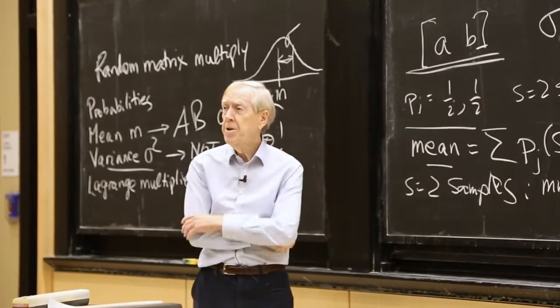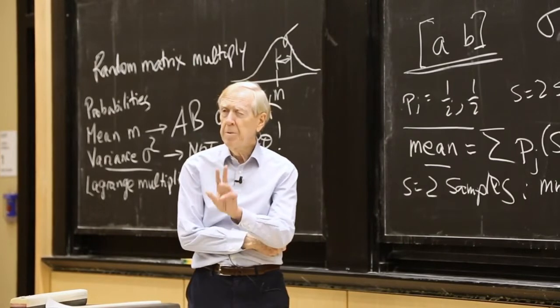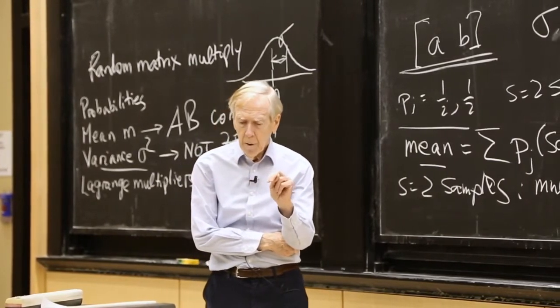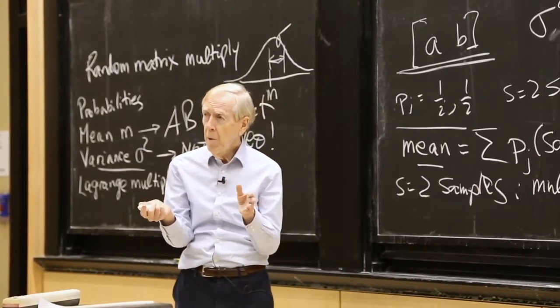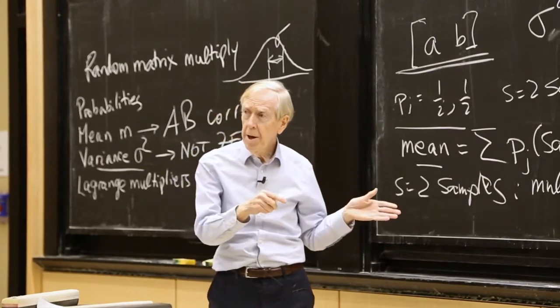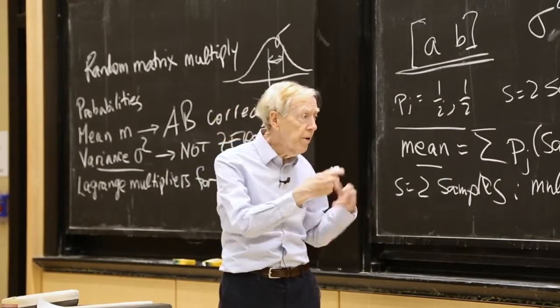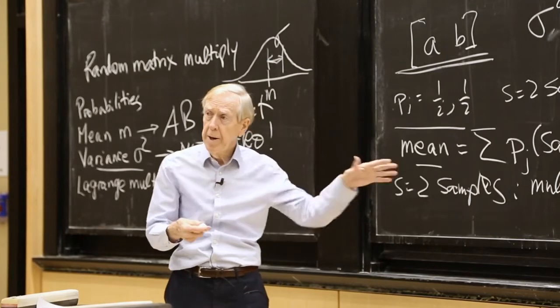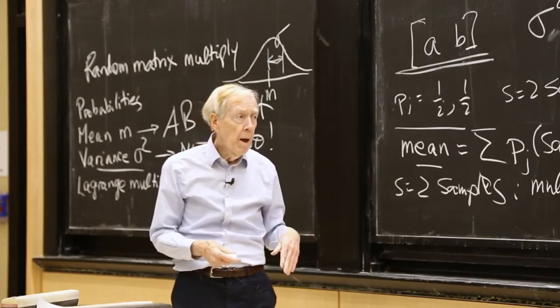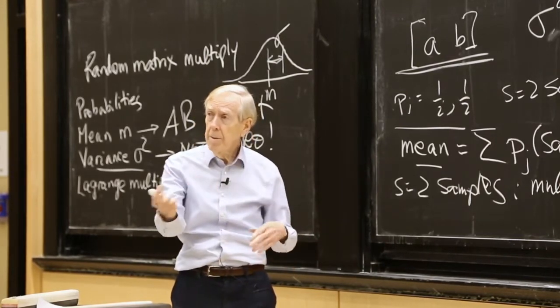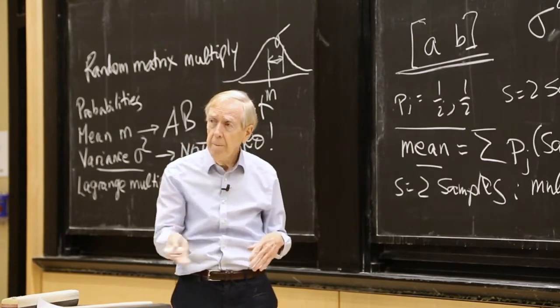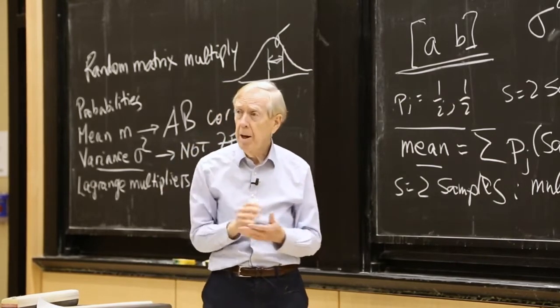Let me just tell you the two possibilities there. One is what I just said: weight your probabilities by the square of the norm, this norm squared weighting that we'll see, and take the columns as they come, but with higher probability on the big columns.